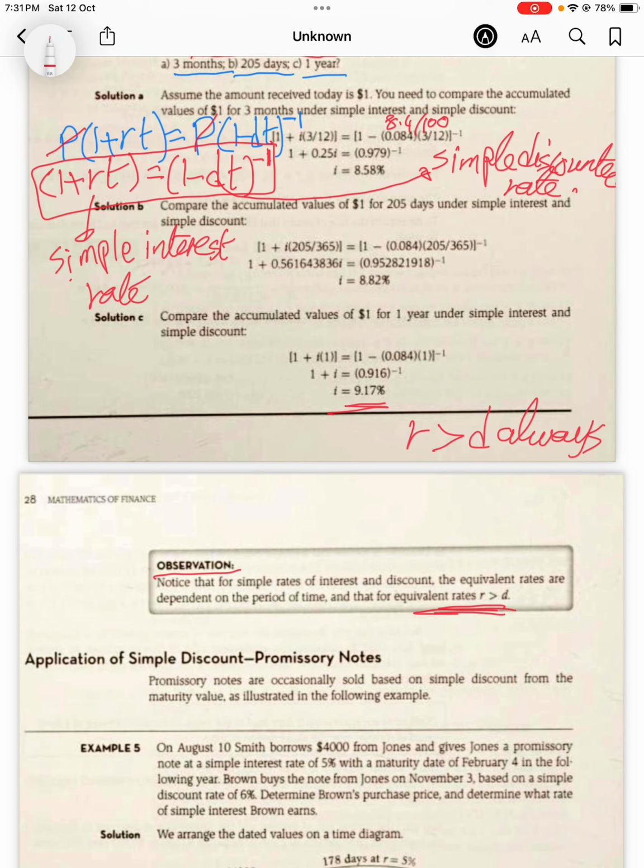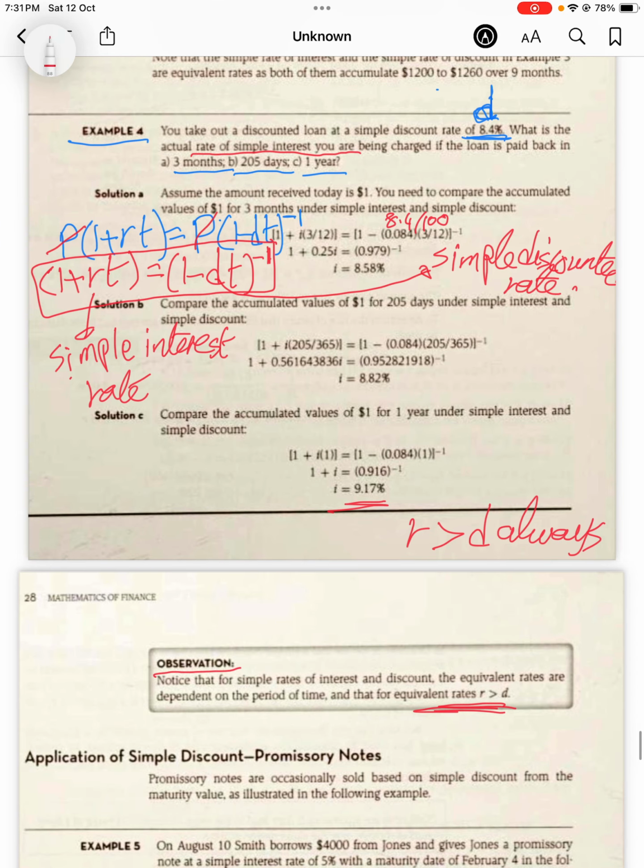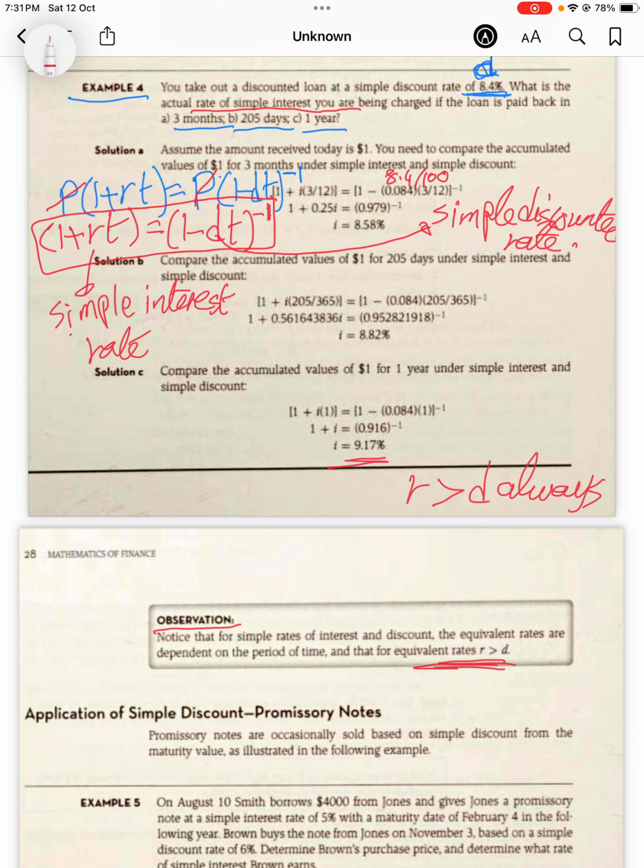You will see that D is 8.4%, and here R is 9.17. D is 8.4, here R is 8.82, here R is 8.58, and D is 8.4. Then always R is greater than D.